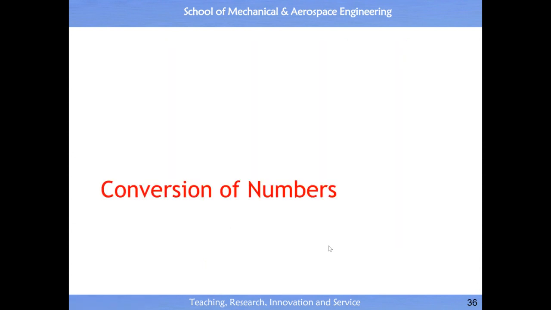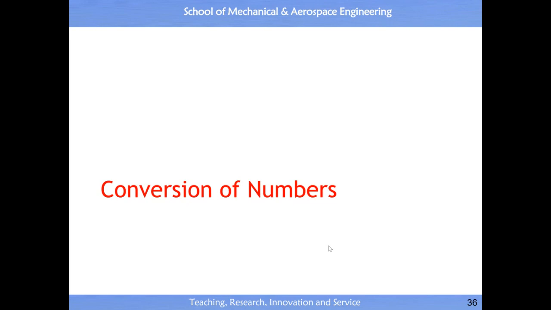Okay, so by now you know how to represent number, okay, in the memory. So we can represent integer, we can represent fraction. And then we have 3 options. We can use binary number, we can use decimal number, we can use hexadecimal number. Okay.